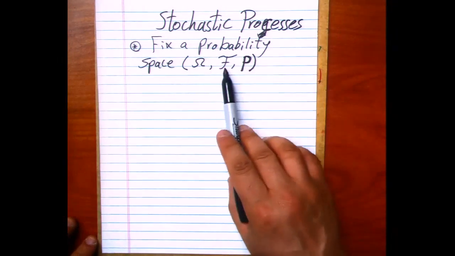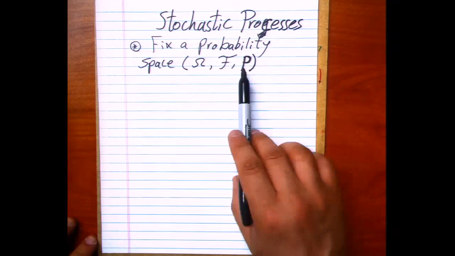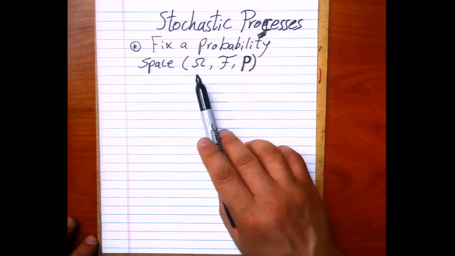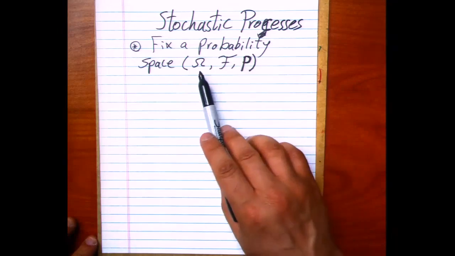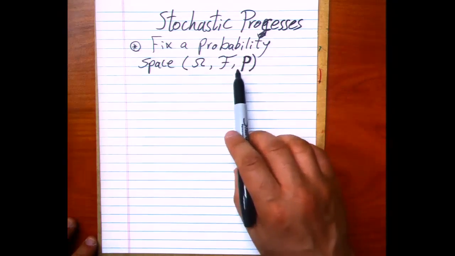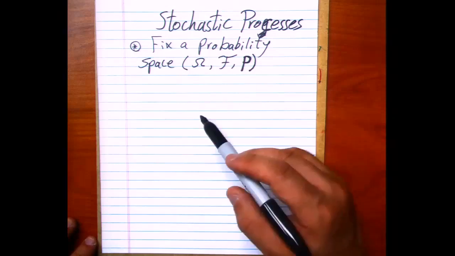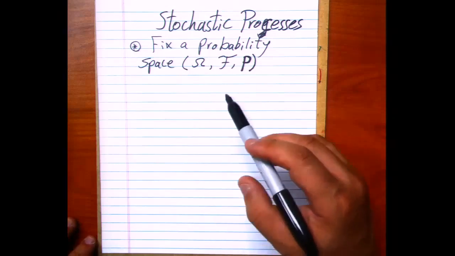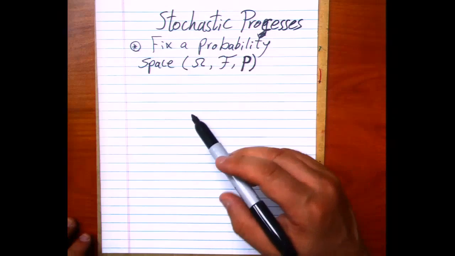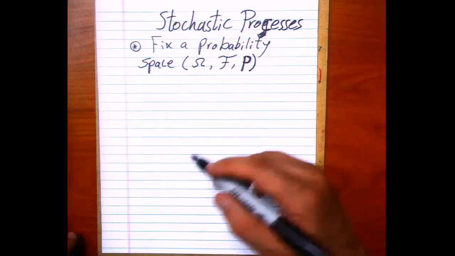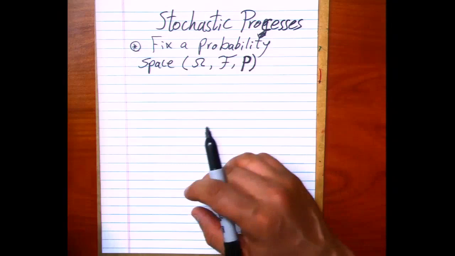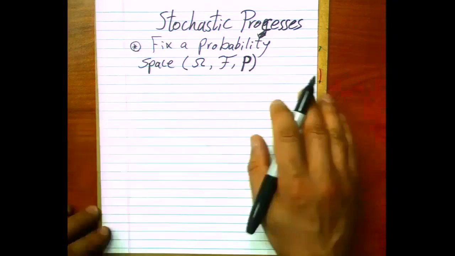The probability of phi, the empty set, is 0, and we know that it's an additive function. If A1 and A2 are disjoint, then the probability of A1 or A2 is the probability of A1 plus the probability of A2. All of these you can find in the slides. But we have first to fix a probability space.